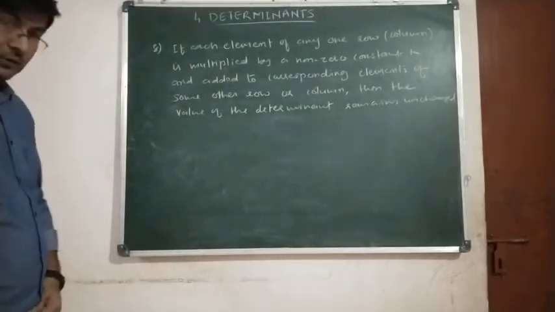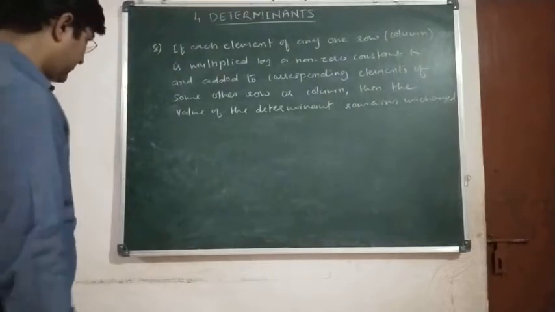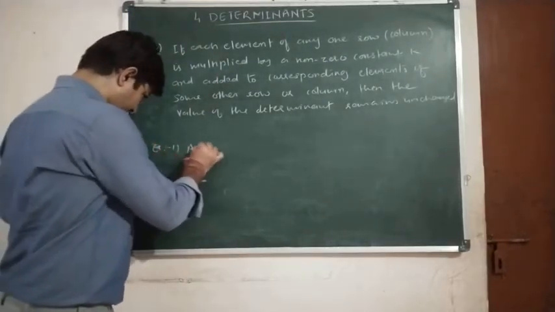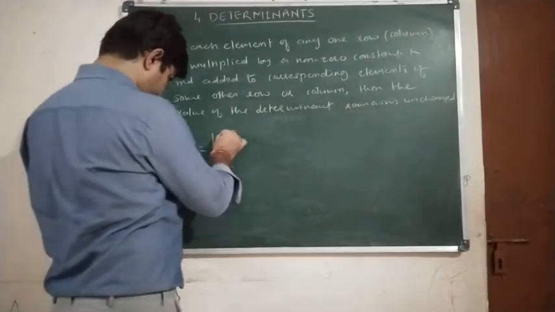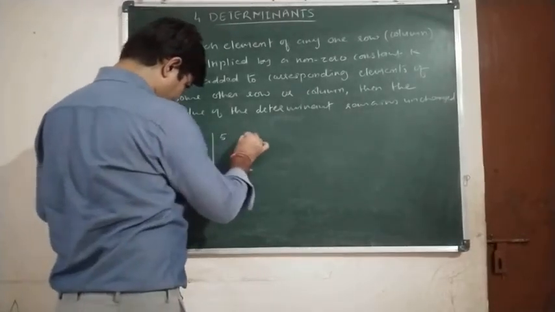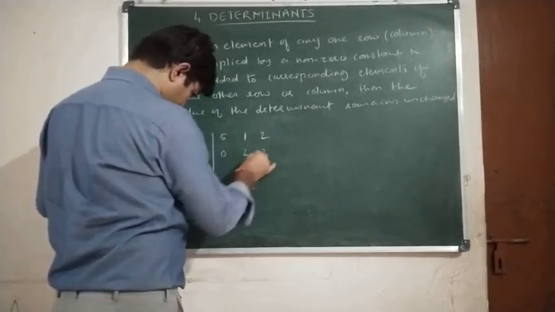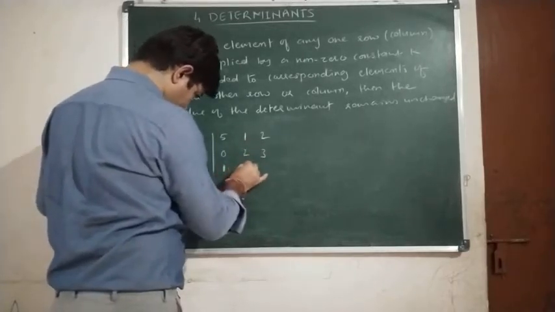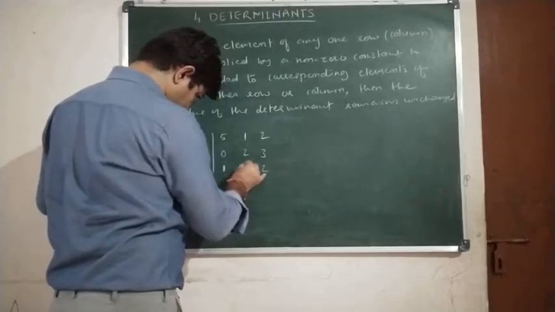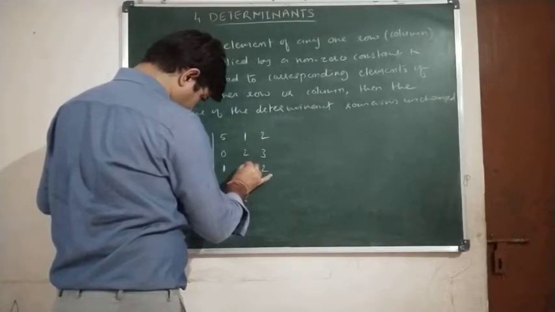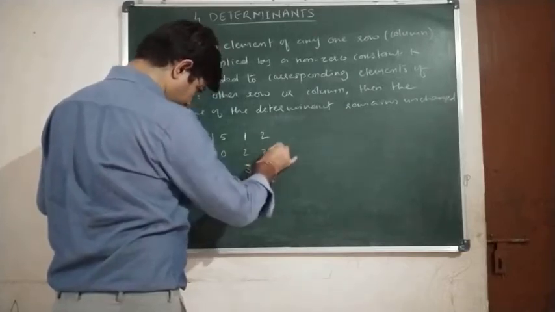Okay, let us try to understand this with the help of one example. Suppose we are given determinant A: 5 1 2, 0 2 3, and 1 2 3.